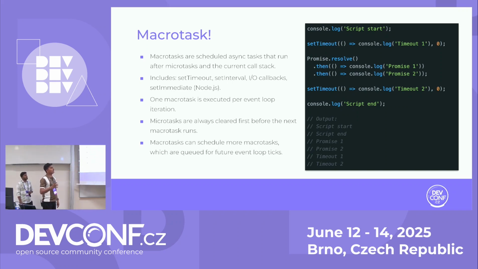But because of the event loop and asynchronous behavior of JavaScript, it will give the output of script start first and script end, because those console logs are in the call stack. After that, it will run the promises, because they are in the microtask, promise 1 and promise 2, and after that timeout 1 and timeout 2, which are in the macro task.